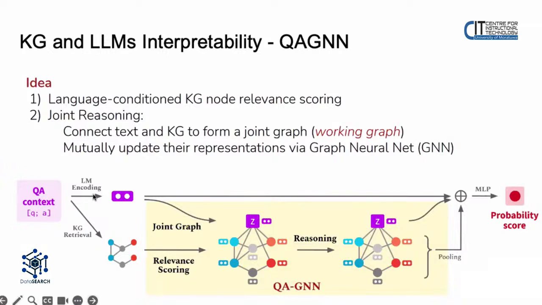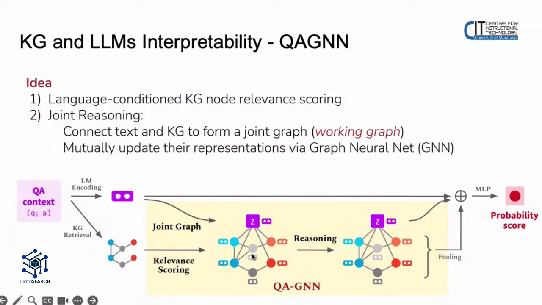And then there is a joint graph that is created with language model encoding and also encoding from the graphs. If you look at this graph, this is a joint graph that has the QA context, which is this node, and also the related entities in the QA context.